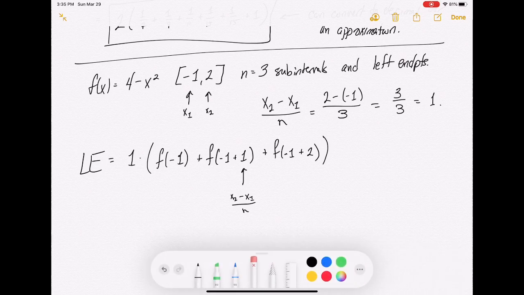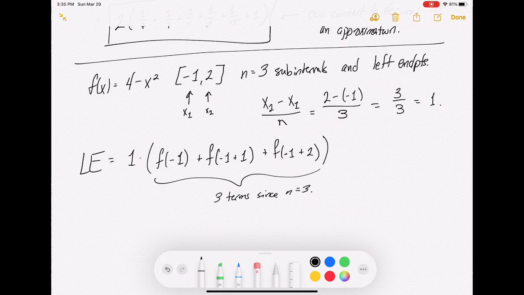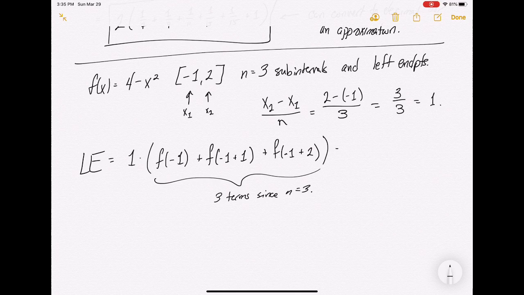And you'll know that I'm done when I get to 3 terms, since n equals 3. So I know I'm done then, and this gets really easy. This is just f of -1 plus f of 0 plus f of 1. And I can calculate that out with f, because f is 4 minus x squared.